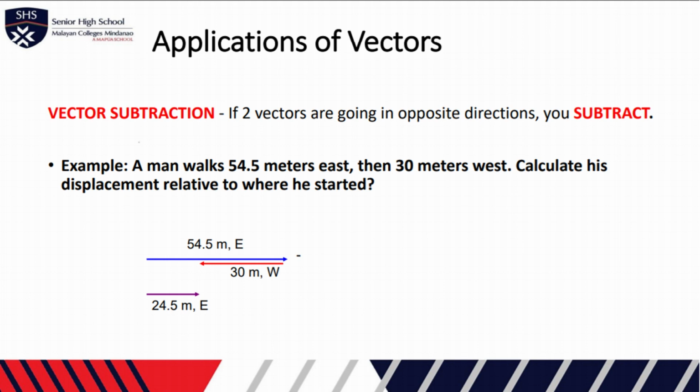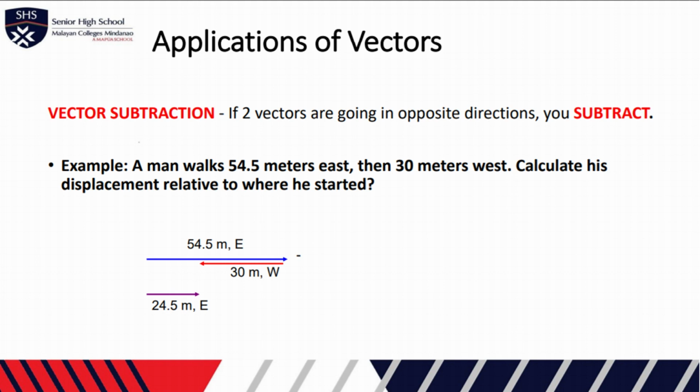This time, if vectors are going in opposite directions, you need to subtract or deduct them. Now we have here an example below. A man walks 54.5 meters east, then 30 meters west. Calculate his displacement relative to where he started.